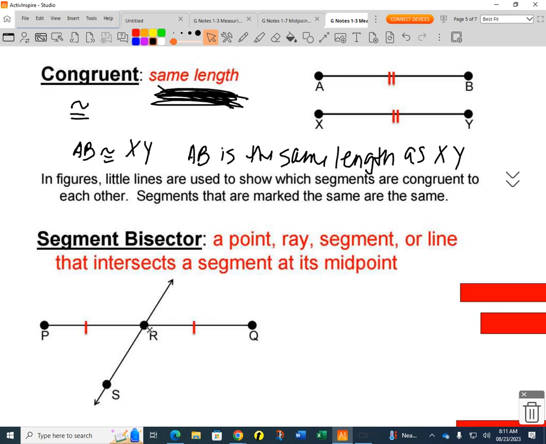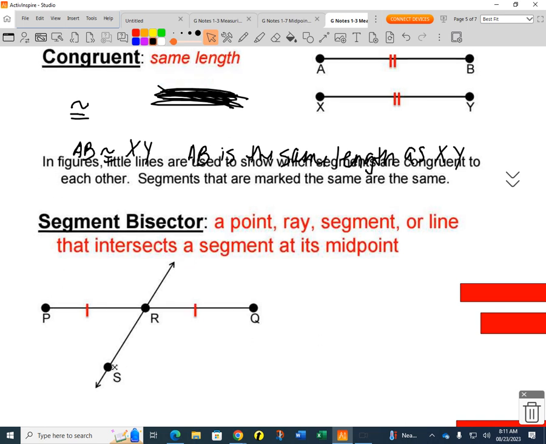All right, segment bisector. Anything that splits a segment into 2 equal sections is a segment bisector. We know that this segment PQ has been bisected by line SR because it gives us these 2 marks. 1 mark on PR, 1 mark on RQ tells me that they are the same length, which tells me that line SR is a bisector, or you could say point R is a segment bisector.